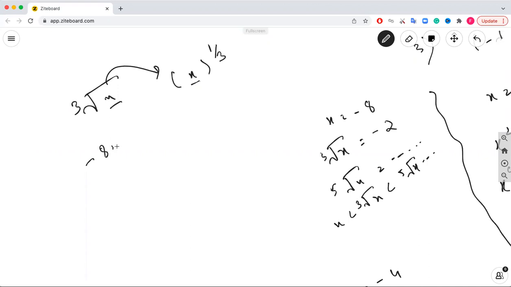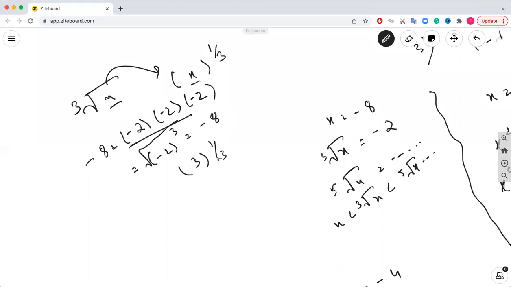Can we multiply 3 same numbers and get -8? Yes, if you multiply -2 into -2 into -2, -2 cubed is equal to -8. And if you take the cube root of this, the 3 will be cut down with the 1/3 and the result will be -2.